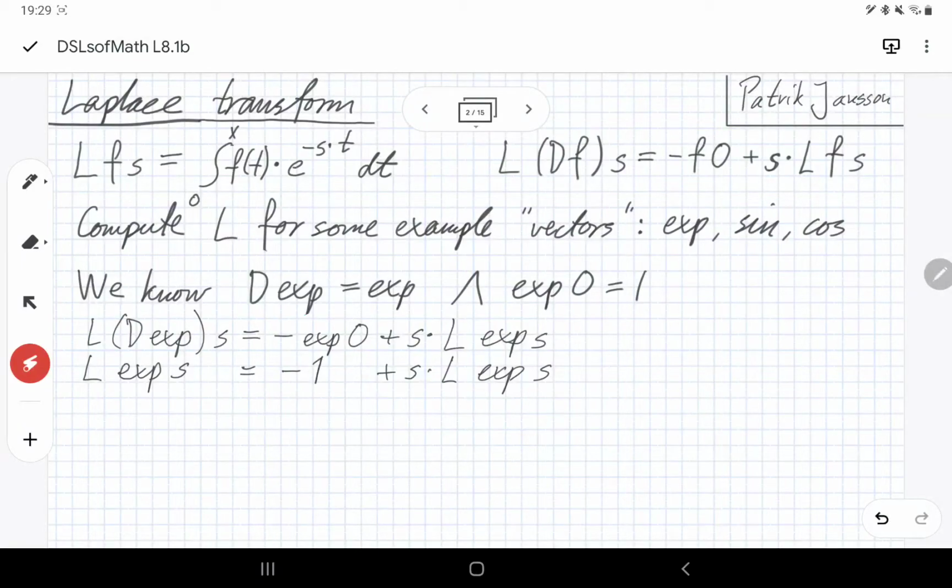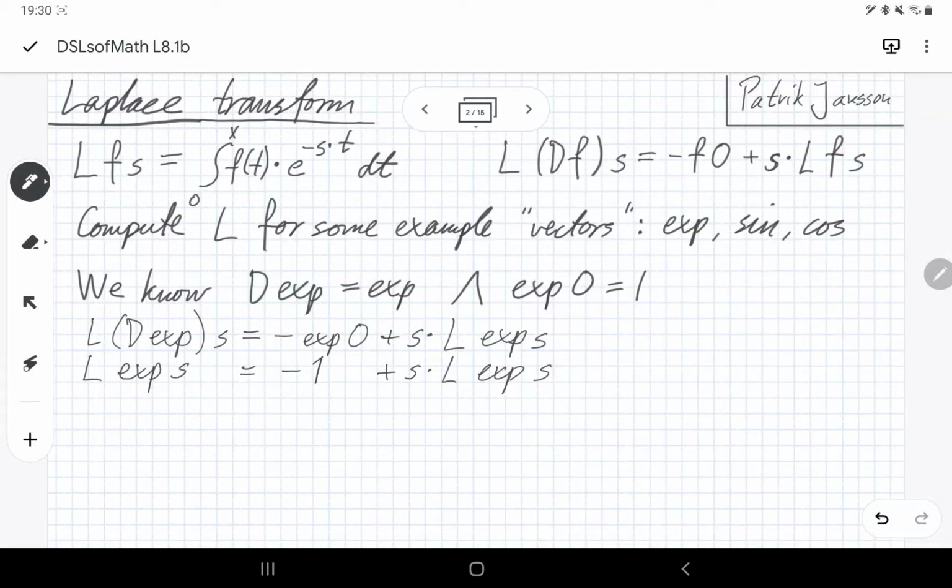Okay, now we have an equation where we see the same expression twice, L exp s, L exp s. So if we would call that, say, x or y or something like that, we can just solve for that value. And let's use the standard notation here that when we transform a certain function, we use a capital version of it.